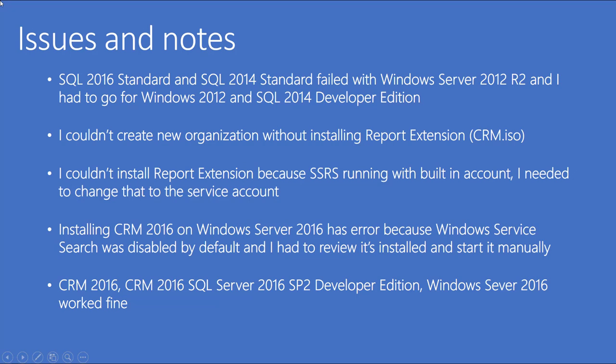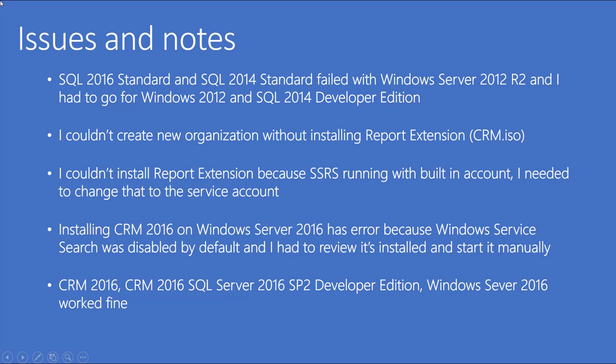And I would like to have Visual Studio 2017. By the way, Visual Studio 2015.6 was just released yesterday with many features. So I like to have that, and I couldn't. So I created a new machine with Windows Server 2016, and in that I used SQL Server 2016 with Service Pack 1 Developer Edition, and everything worked fine.